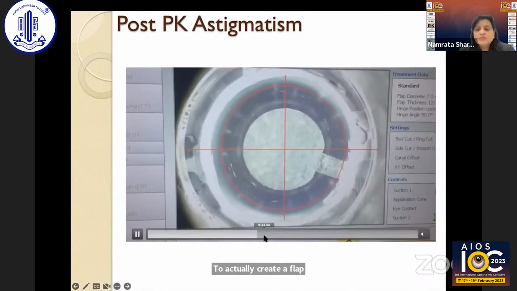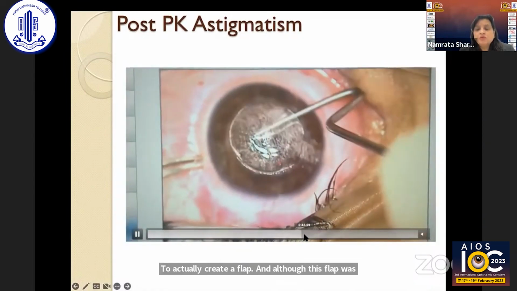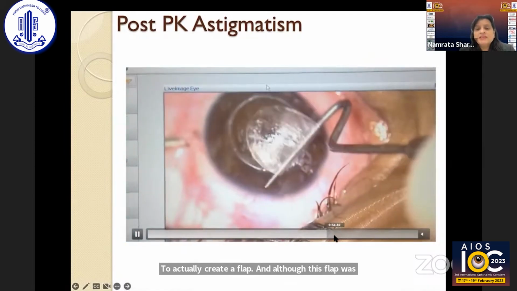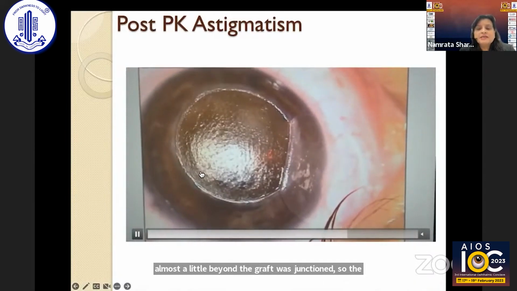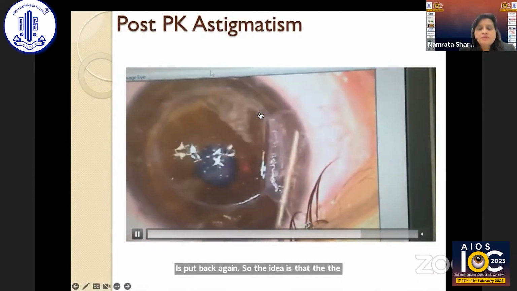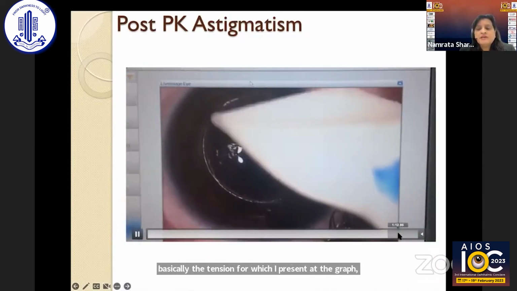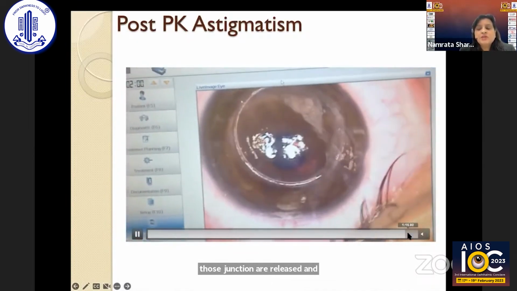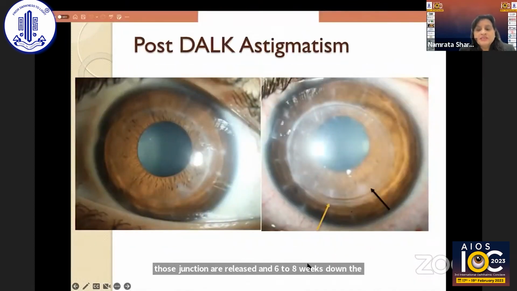Although this flap was a little beyond the graft-host junction, the flap is elevated and then put back again. So the idea is that basically the tension forces which are present at the graft-host junction are released. And 6 to 8 weeks down the line, one can again relift the flap and then treat the astigmatism.